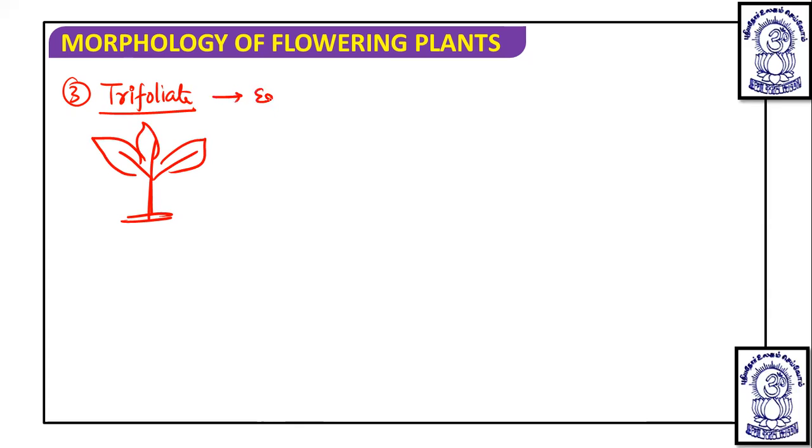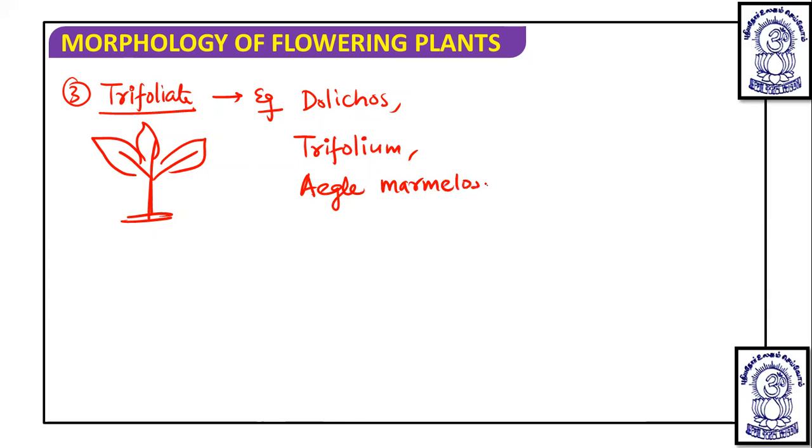This trifoliate is seen in some examples like Dolichos, then Trifolium, then Aegle marmelos, that is bael tree. So these are the examples in which trifoliate palmately compound leaves are there.